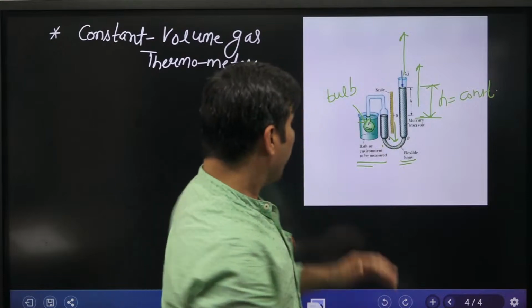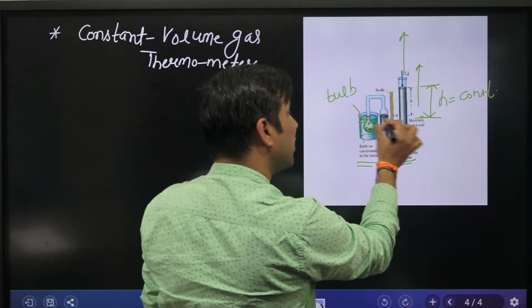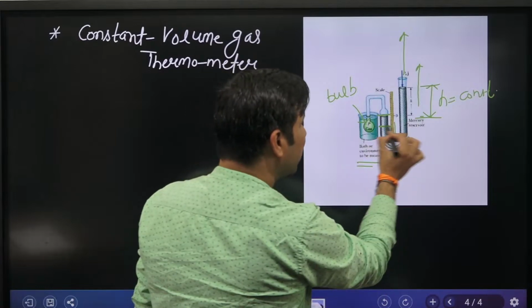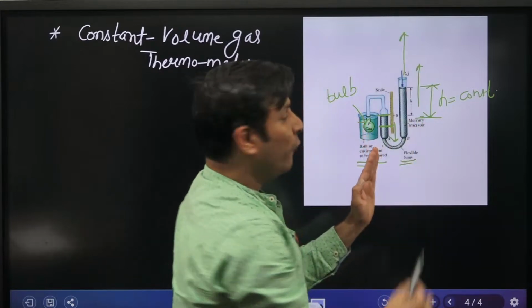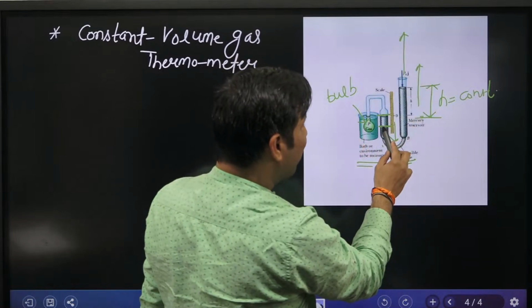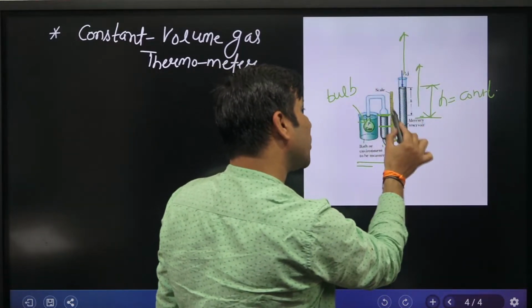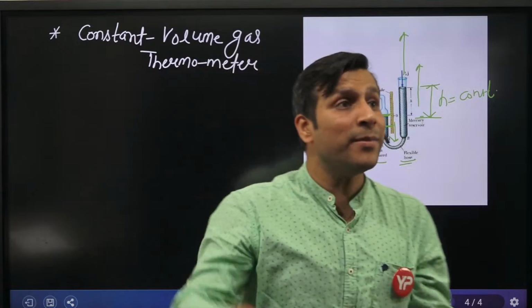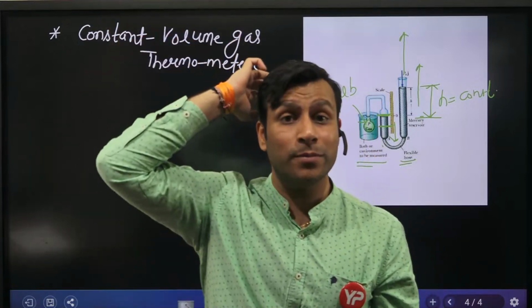Now, for bringing the mercury to the same level, suppose the mercury was initially at this level and now it is at this level. You are just raising this side of the limb. When you raise it, the mercury level inside this will rise and here it will fall, and the mercury will reach the same level. When the mercury reaches the same level, the process is constant volume, yes or no?